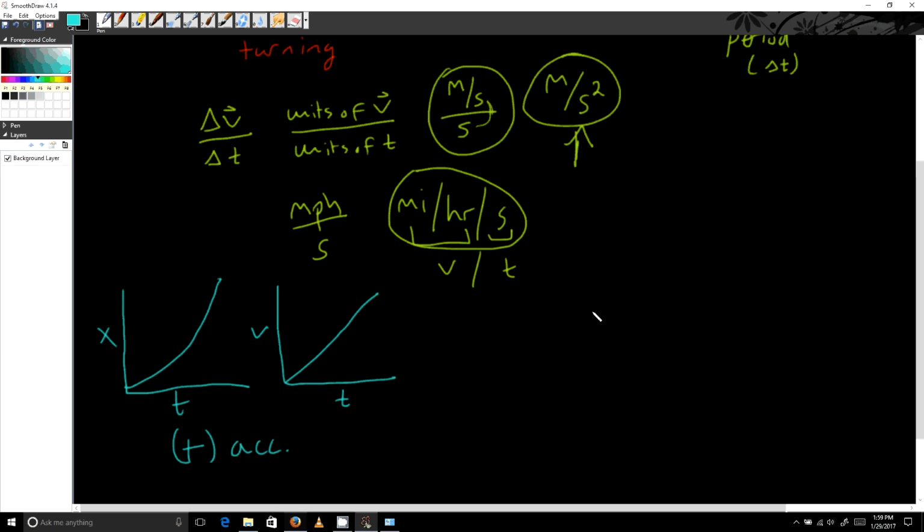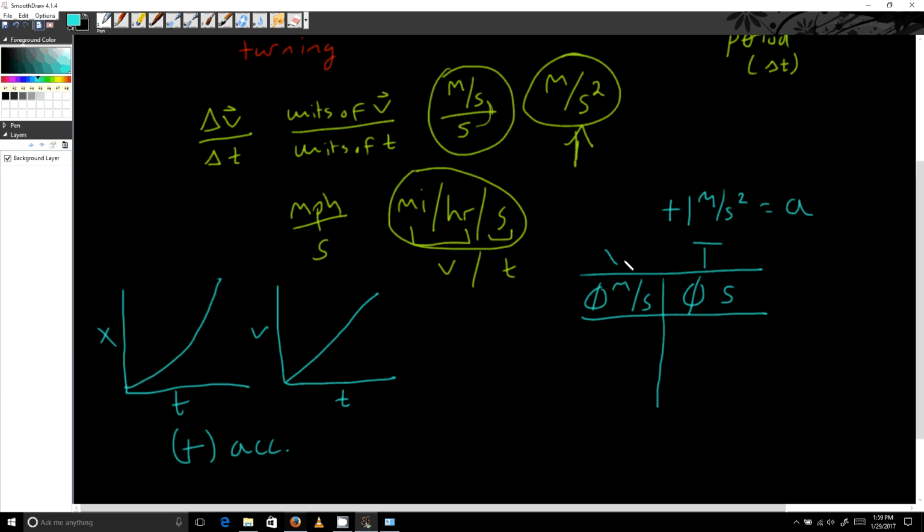So, for example, let's say I start at 0 meters per second, and I'm going to accelerate at a rate of 1 meter per second squared. So in the first time period, let's make a little table here. We'll call this time 0. And we'll have a table of velocities over here.